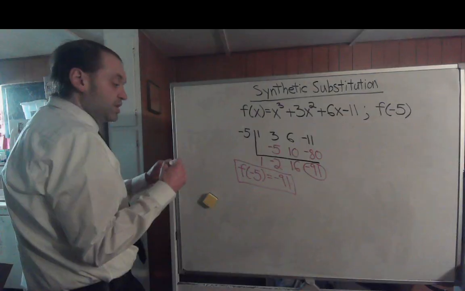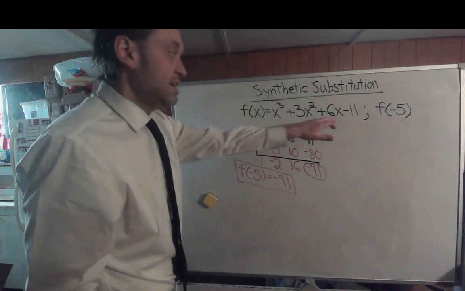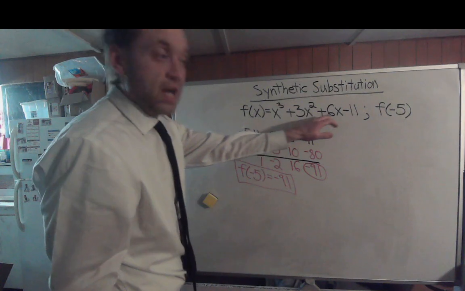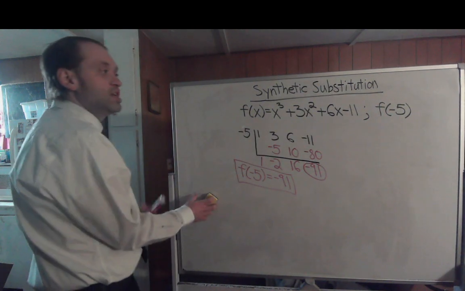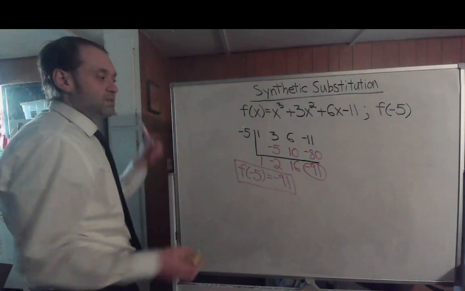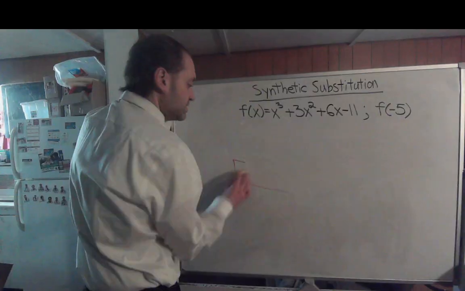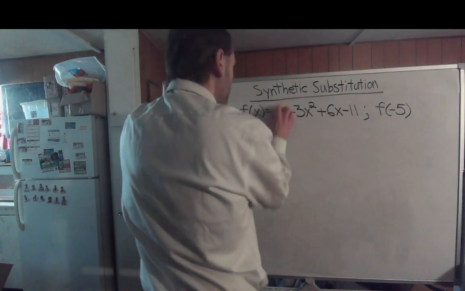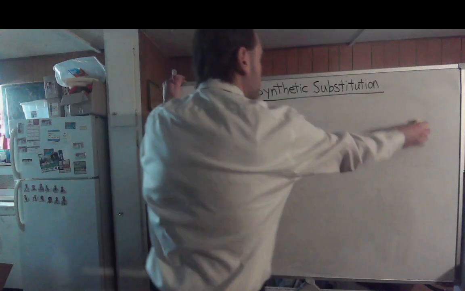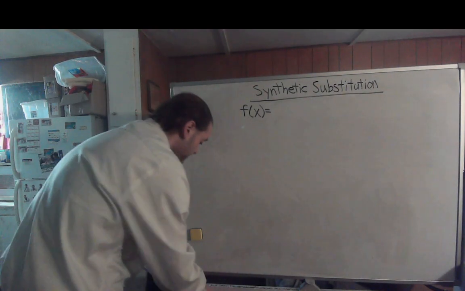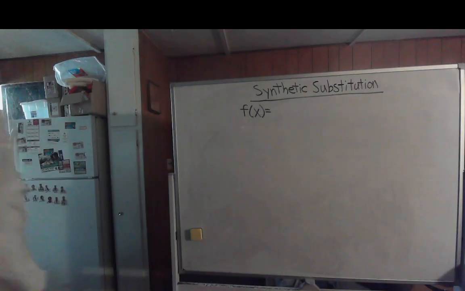Because if you did direct substitution, you'd put negative 5 in each of these, and you'd have to deal with all your exponents and multiplication and then doing the final steps. And it actually takes longer that way. So synthetic substitution's a very nice method to use.